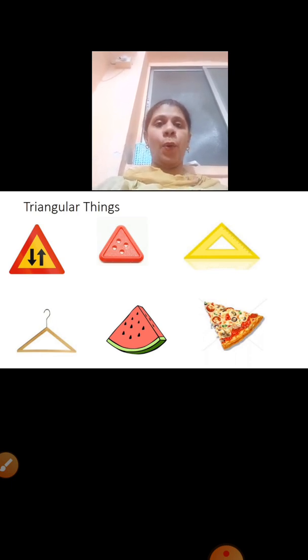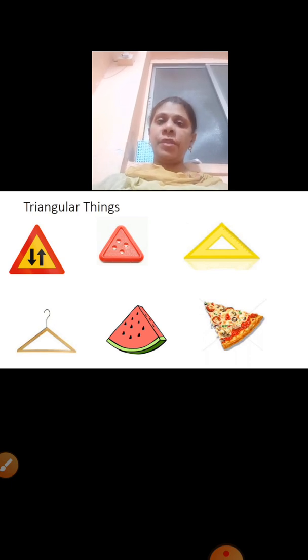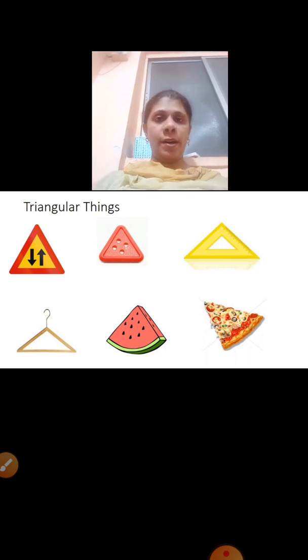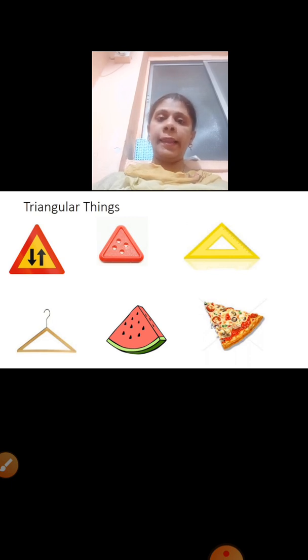So today children, what did we learn? We learned shapes. Okay. So what are the shapes? First one is square. A square has 4 edges and 4 corners. All the sides of a square are of equal length. Then rectangle.